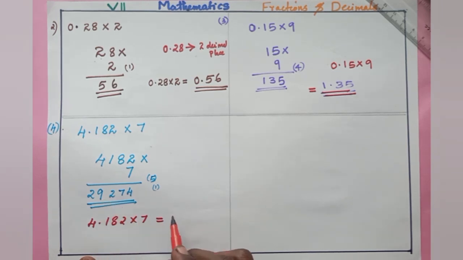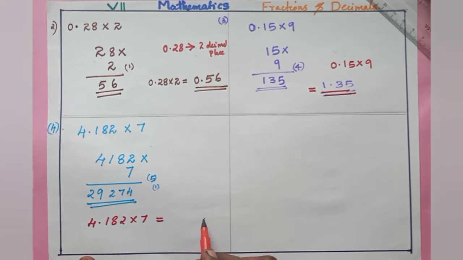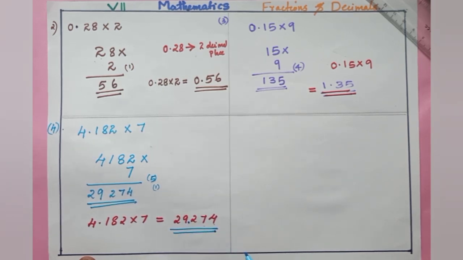So our answer is changed into 3 decimal places. So we get 29.274.